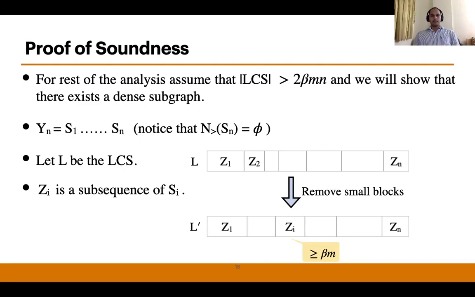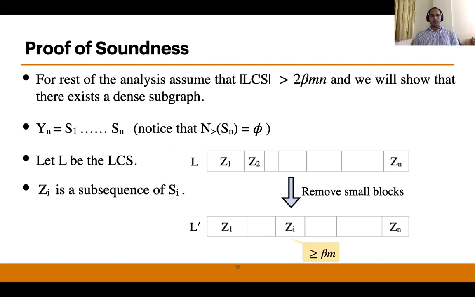Let L be the LCS of y1 to yn and y1 prime to yn prime. As L is also a subsequence of yn, the LCS L is of the form z1 to zn, where for all i, zi is a subsequence of si. Now from LCS L, we remove the small zi blocks.